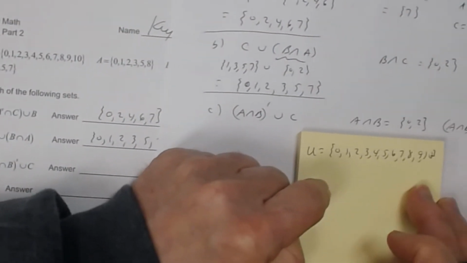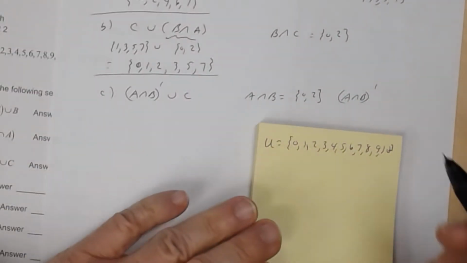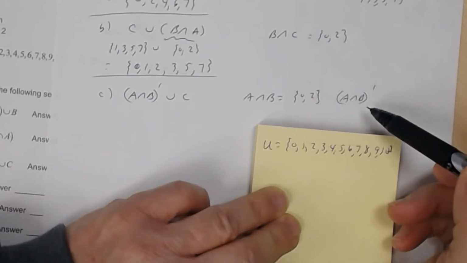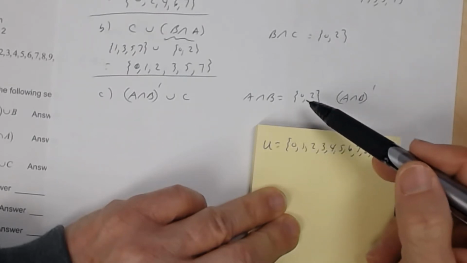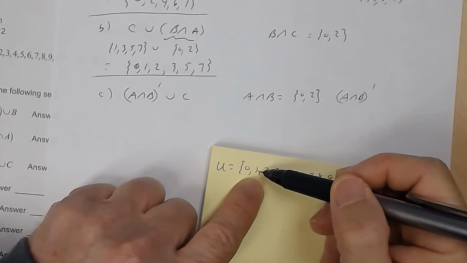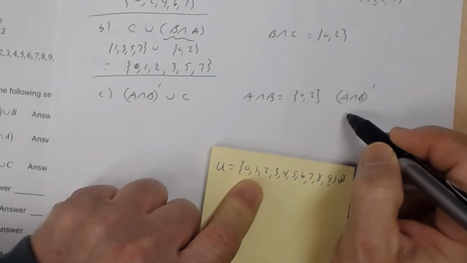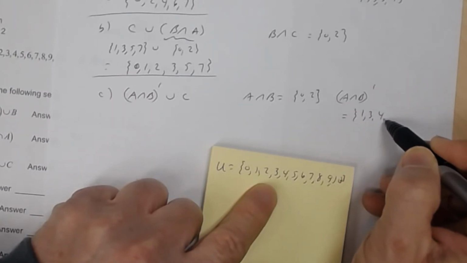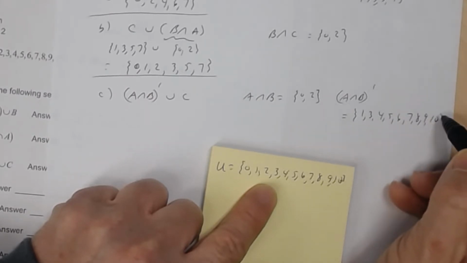So here's A intersect B. A intersect B complement would be every element in the universal set, not including those. So I can't use 0. I can use 1, and I can't use 2, but I can use everything else. So A intersect B complement then would be 1, 3, 4, 5, 6, 7, 8, 9, 10.